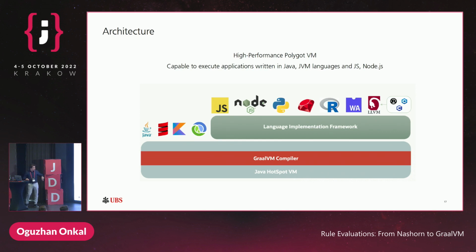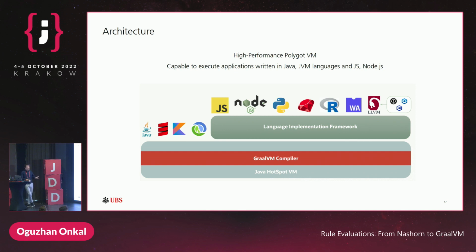This architecture diagram or schema is taken from the GraalVM page, which looks nice. It describes all the features of actually GraalVM. So the definition of GraalVM is high performance polyglot virtual machine. So this is actually a virtual machine which can execute multiple languages, not only JavaScript.